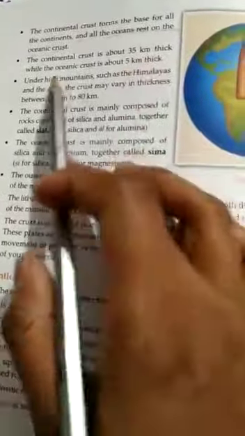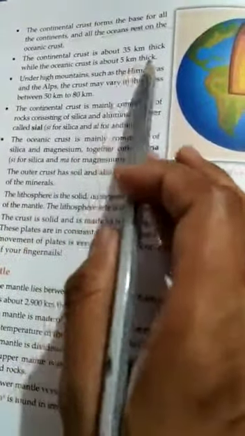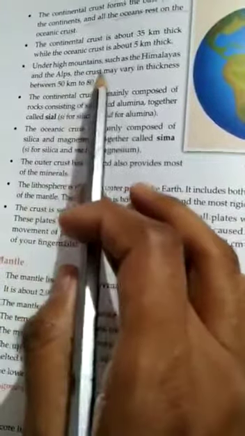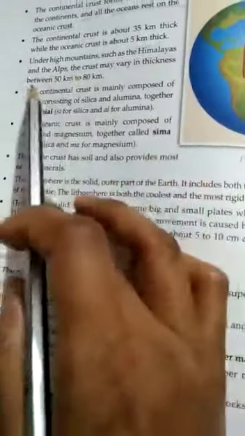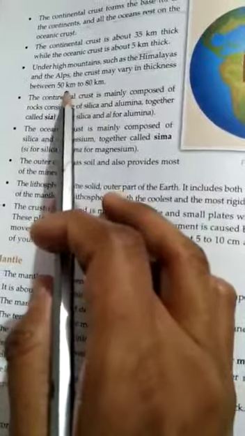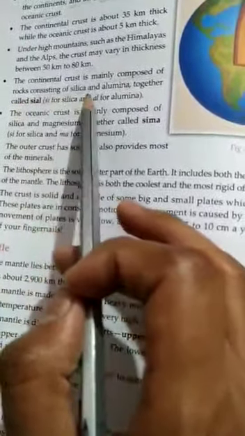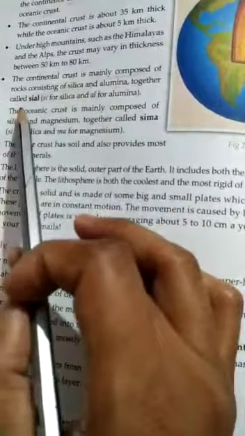Under high mountains such as the Himalayas and Alps, the crust may vary in thickness from about 50 km to 80 km. The continental crust is mainly composed of rocks consisting of silica and alumina, together called sial.